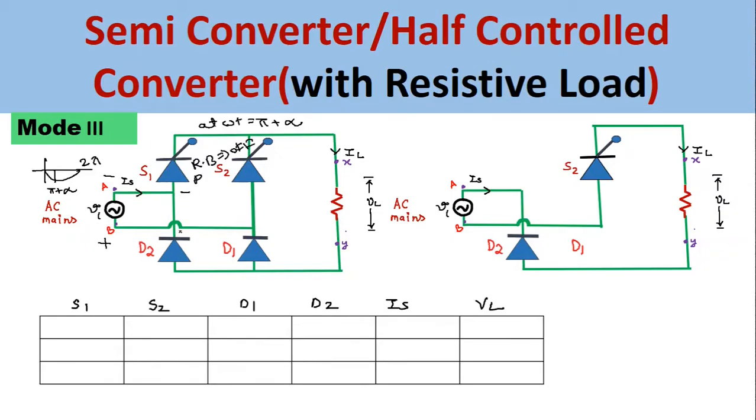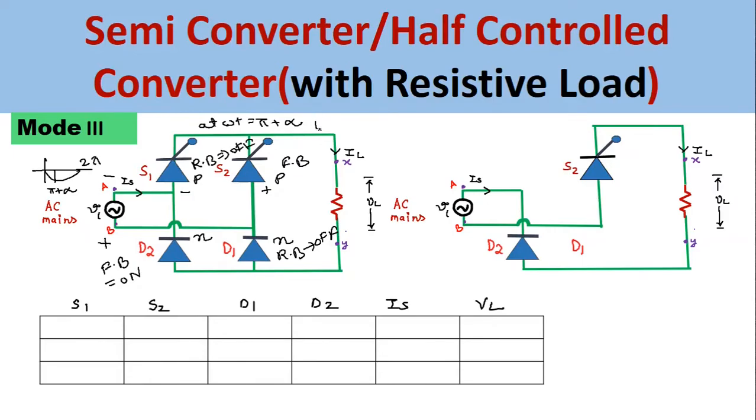And when this negative sign goes to the N side of this D2 diode, this diode will go into the forward bias condition and eventually goes to the on condition. Now this positive at the B terminal will go to the P side of this S2 SCR. So this S2 SCR will go into the forward bias condition, and when this positive sign goes to the N side of this D1 diode, this D1 diode will go into the reverse bias condition and eventually go to the off condition.